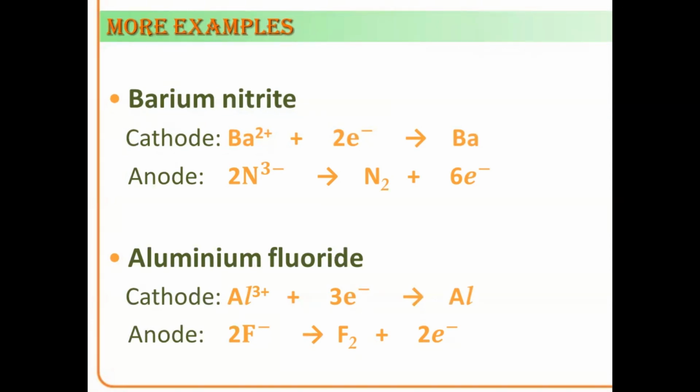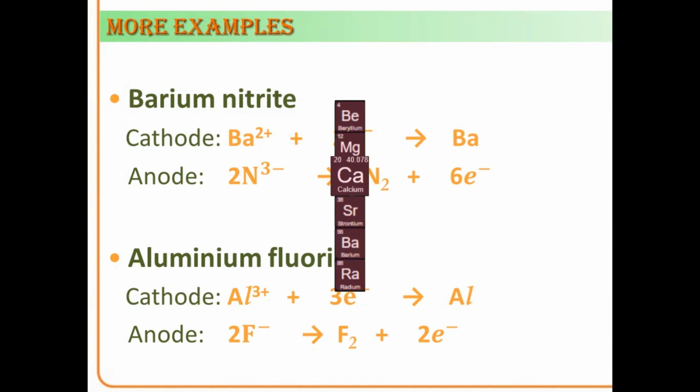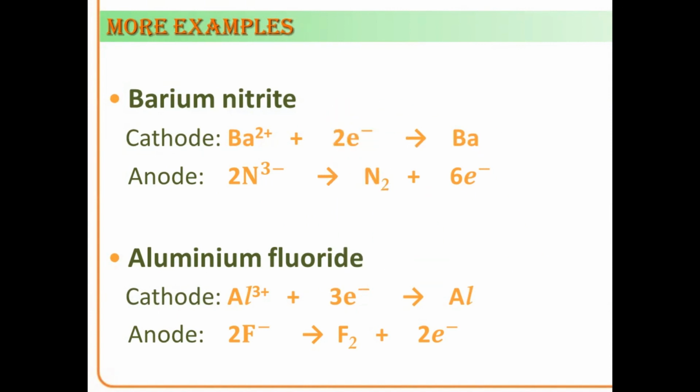But there's a note that I want you to take note of. First thing is you need to get the correct charge on the ion. We use the periodic table for that. Anything that is in group 1, potassium, lithium, sodium, will have a 1+ charge. Anything that is in group 2, magnesium, barium, calcium, will have a charge of 2+.